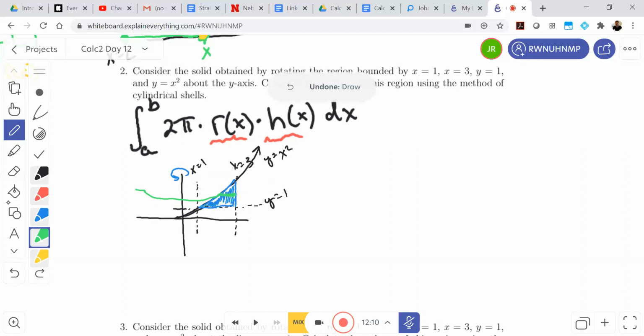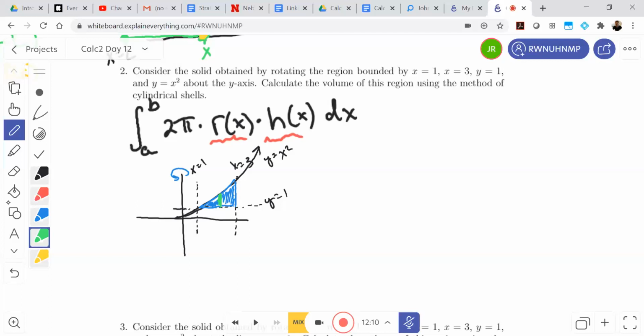Instead, we want to revolve a vertical line, a line that is parallel to the axis of rotation. If it's parallel to the axis of rotation, and then we revolve it, we're going to get this cylindrical shell that's being created. That's in contrast to if we turn it like this, that would give us a flat disc.